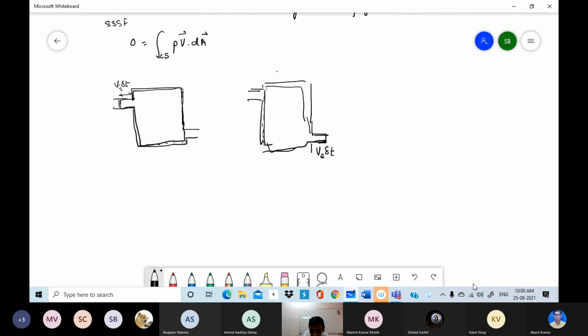Okay, it's now time, so let me start. Now, this link between the laws applicable to a control volume and the laws applicable to a system is something you'll be using in a lot of places subsequently.